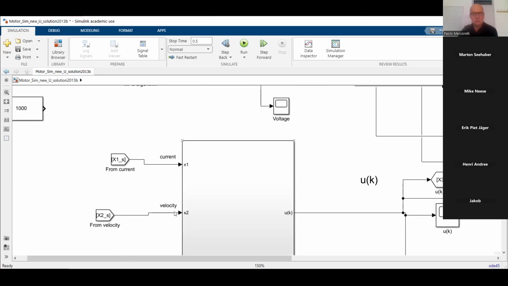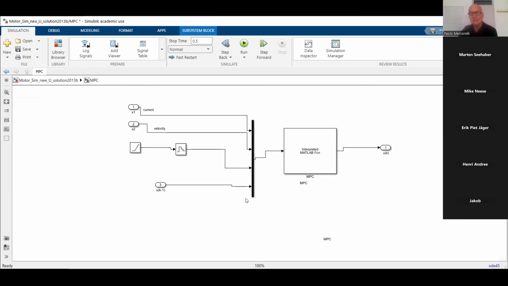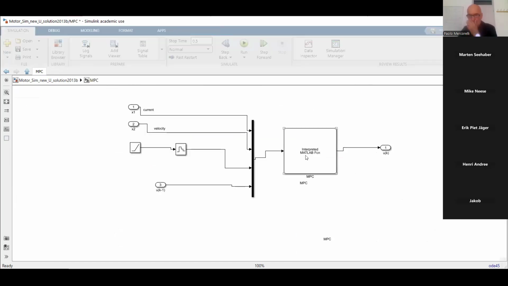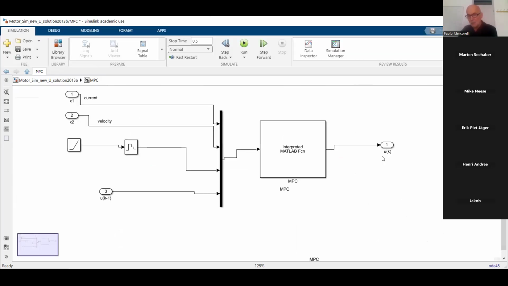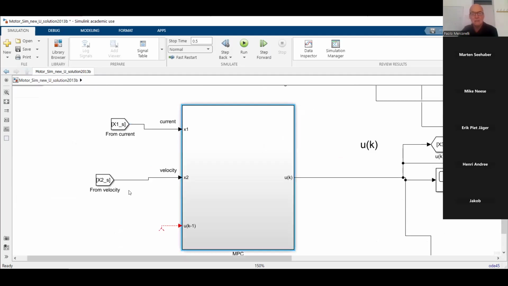The model predictive control needs the states, current and velocity, in order to predict, using this software which I will present now, the output UK. You can see here we have UK minus 1, but we don't use it, because this is the first variation.